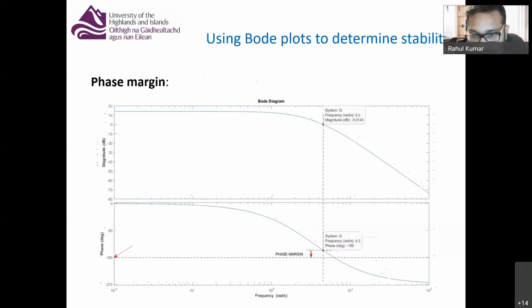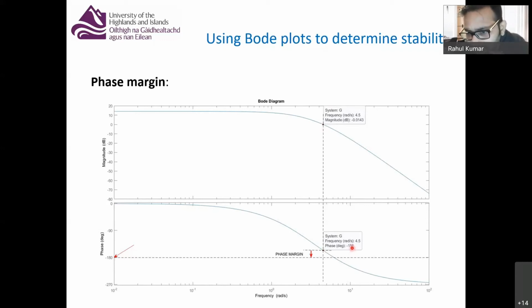Now for the phase margin, again we start from the 0 dB line on the magnitude plot and go to the phase plot. Wherever it cuts the phase plot, we measure the difference from the minus 180 degree line. Okay, so this point is my 156 degrees.